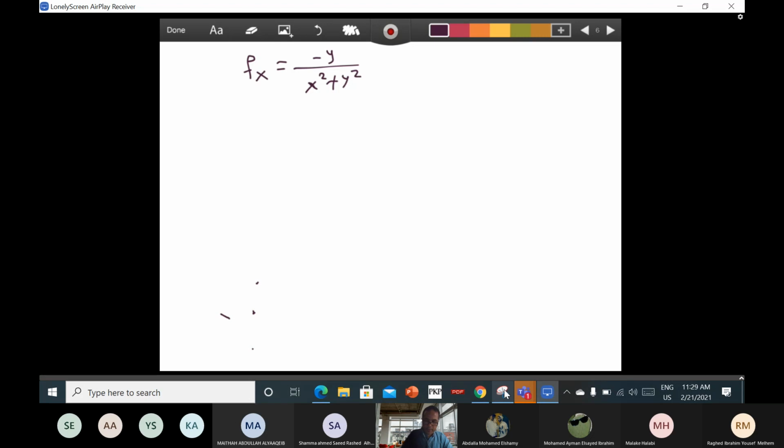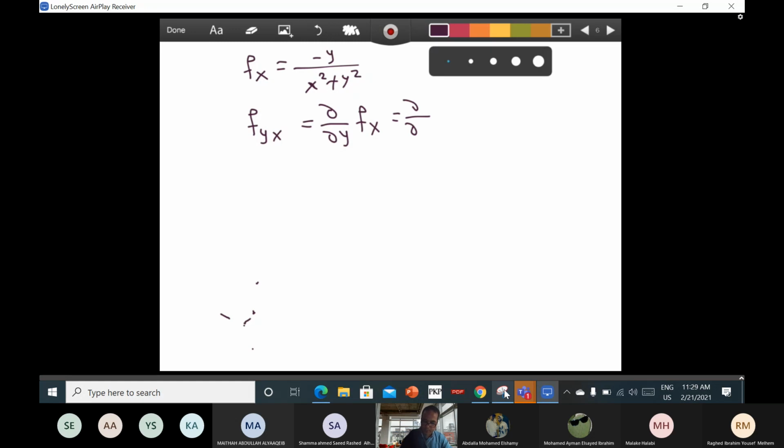Now to find fyx, which is exactly partial by partial y for fx, right? So I'm going to go for partial by partial y. For my fx, I just have it here: minus y over x squared plus y squared. Again, it is better to have x squared plus y squared up to make it to the minus 1, right?